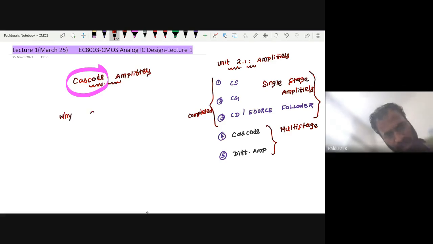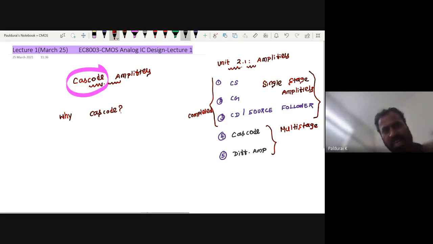Why cascode? Actually, it is quite interesting. We already know the difference between cascade and cascode, from your EC1 class.